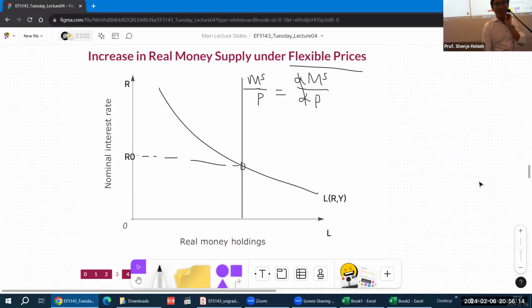Make sense? So that's the idea. Long run, prices will respond to every other variable in the model, because we can't hold anything constant. That's how long run is defined. Nothing is constant anymore. So if MS increases, there's more dollars chasing the same amount of goods, then prices must also reflect that.